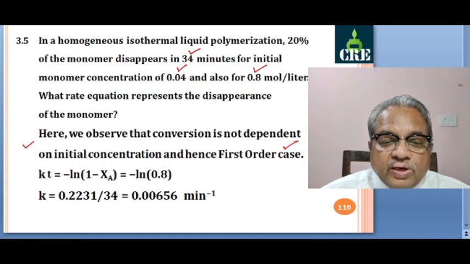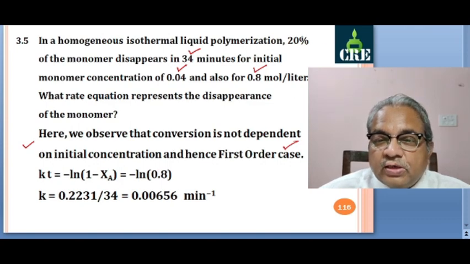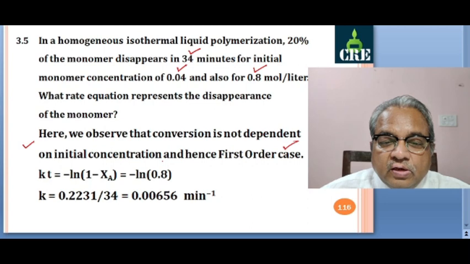So minus ln of 1 minus XA is equal to kt. For 20% conversion, 1 minus XA is 1 minus 0.2, 0.8. From this we get 0.2231, and dividing by t, which is 34, we get the rate constant as 0.00656.